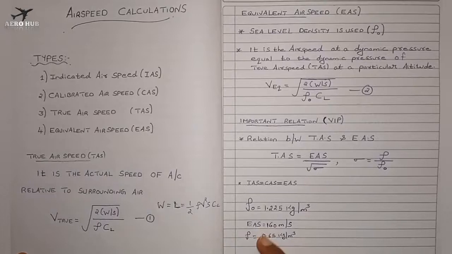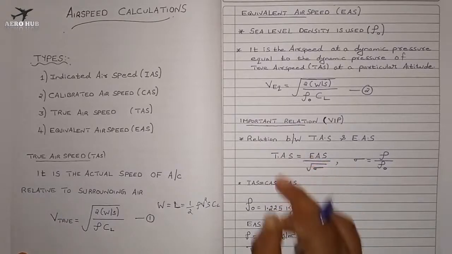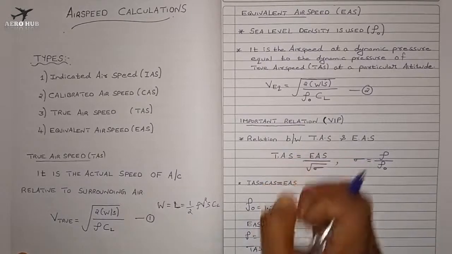They will ask to find the true airspeed. So we have the equivalent airspeed, and first of all we have to find the density ratio. So rho by rho naught is 0.65 divided by 1.225. You get the value of the density ratio. Then divide by the root of the density ratio, and you will get the value of true airspeed.